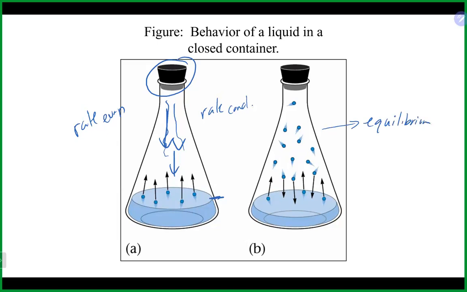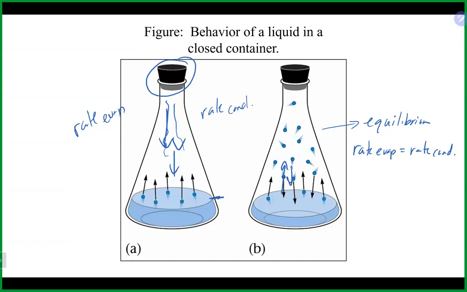And equilibrium, once again, does not mean equal, like the name might imply. What it actually means is equal rates. So the rate of evaporation will equal the rate of condensation in this case. Just as quick as somebody jumps out of solution, somebody will jump right back into solution.